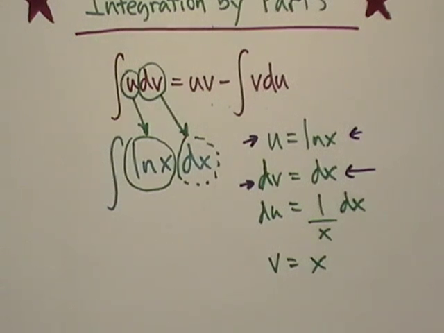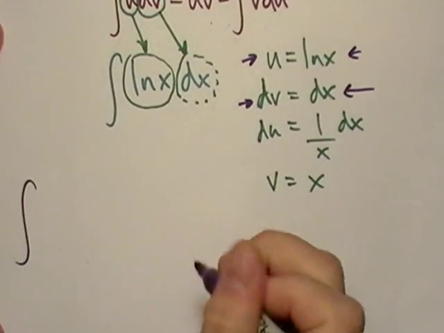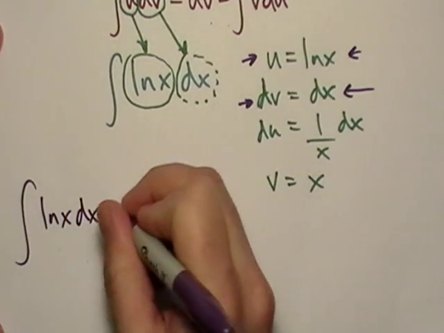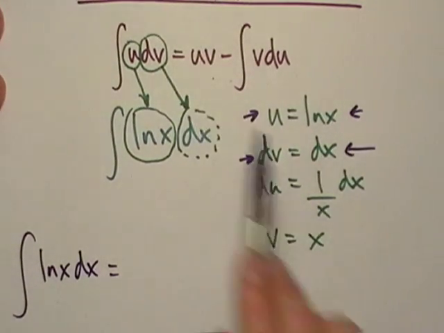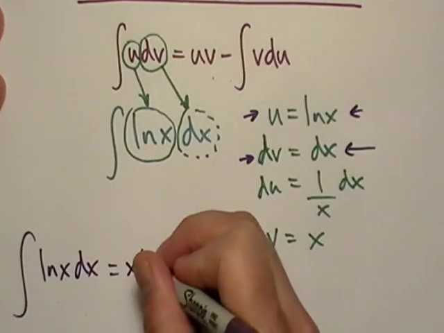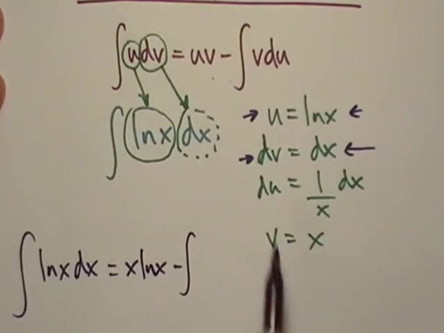So there we go. Now all we got to do is fill in the blanks. Our original integral was natural log x dx, and that's going to be equal to u times v minus integral of v du. So what do we got? u times v, that's x natural log x, minus integral of v du.